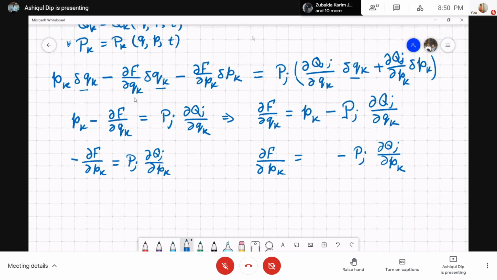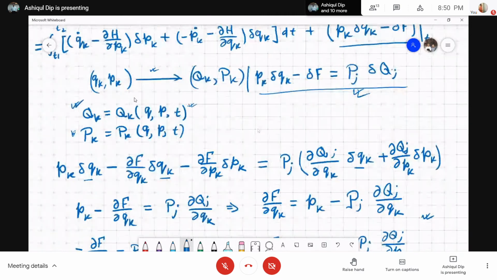Finding an f that satisfies these two equations is equivalent to finding a transformation rule that satisfies this thing, right? Those are equivalent. We derive one from another. Okay.